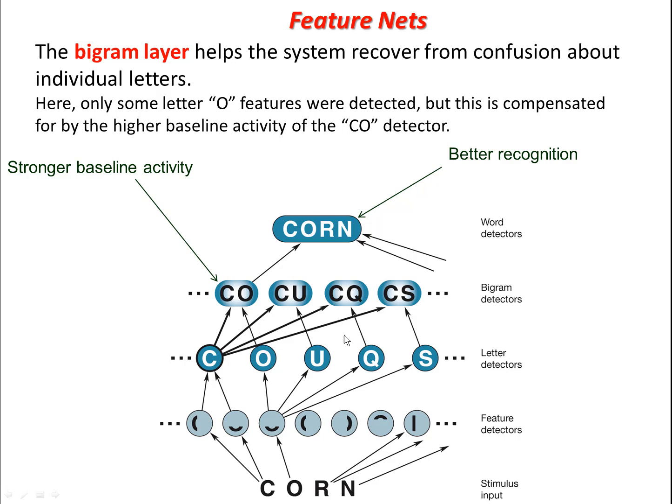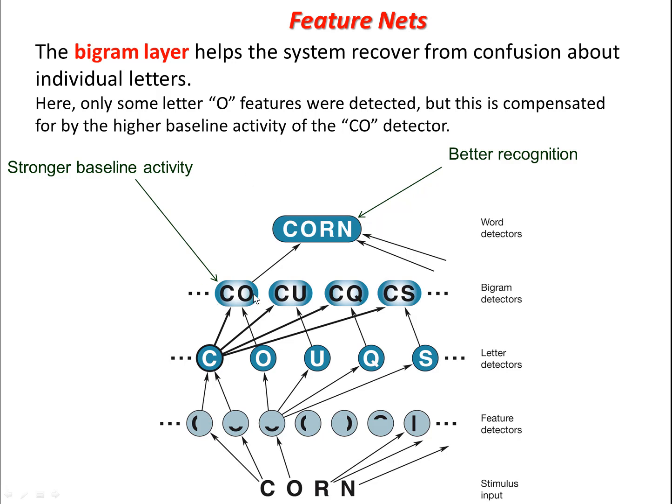But this confusion is then clarified or reduced in the next layer, which might in fact have a higher baseline activity for the more frequent combination of letters.